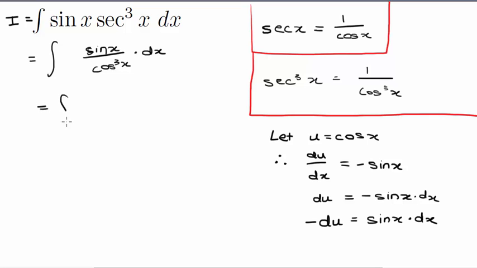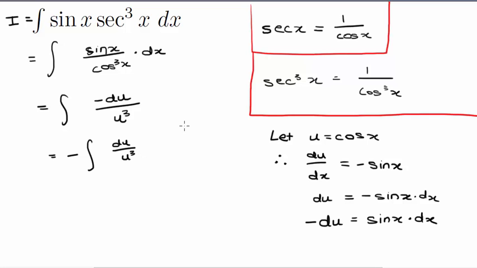And so we're going to get the integral of sine x times dx, which is going to be negative du, on top of cosine cubed of x, and we let u be cosine x, so this will become u cubed. The negative in front of du is negative 1, and negative 1 is a constant, so we can take that out in the front. That's equal to negative times the integral of du on u cubed.